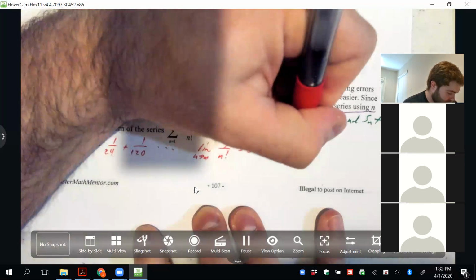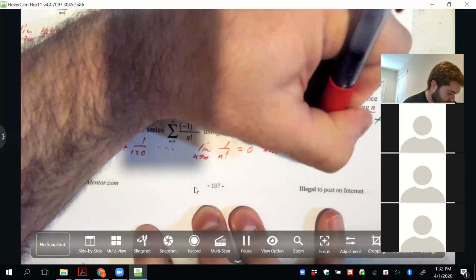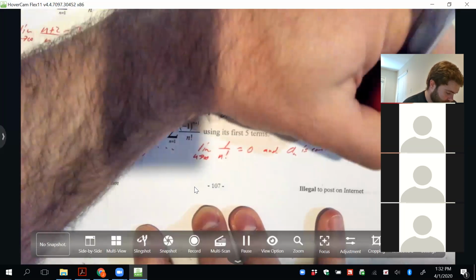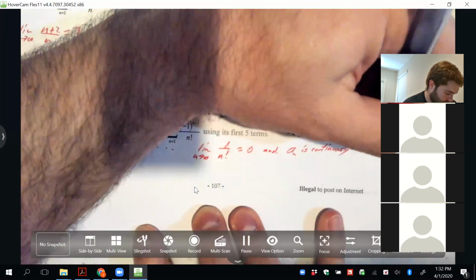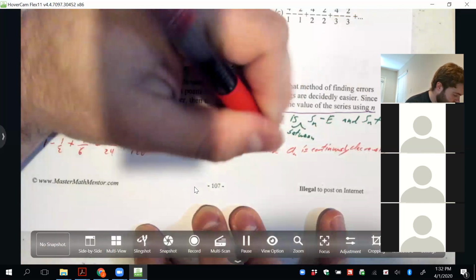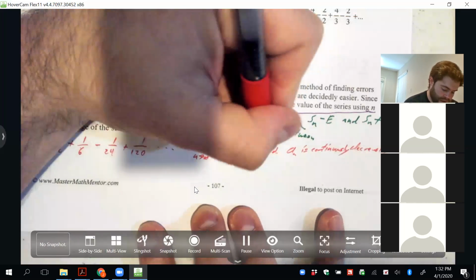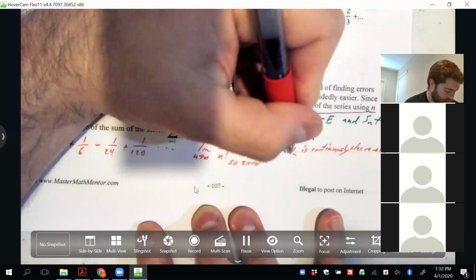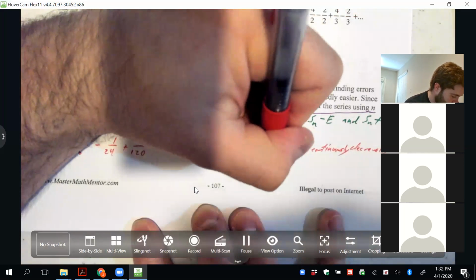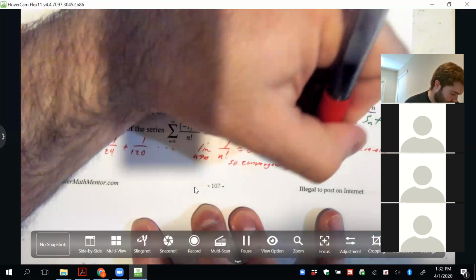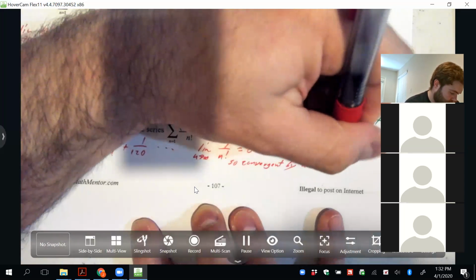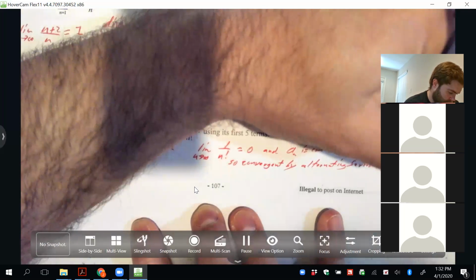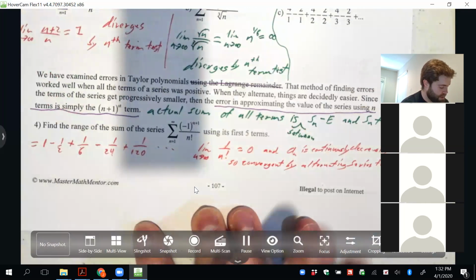And a sub n is continuously decreasing. So convergent by the alternating series test. Okay, so we have shown it is convergent.